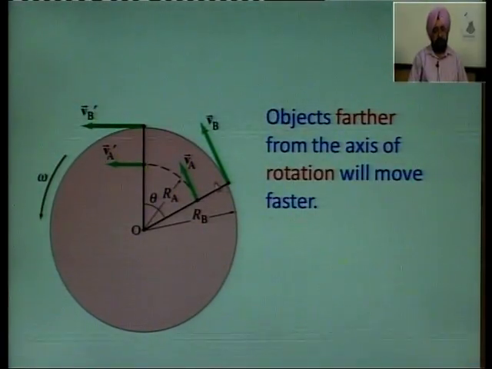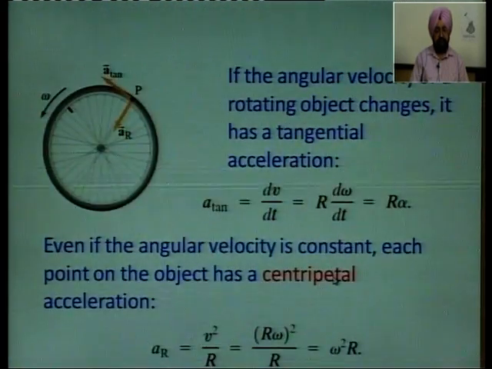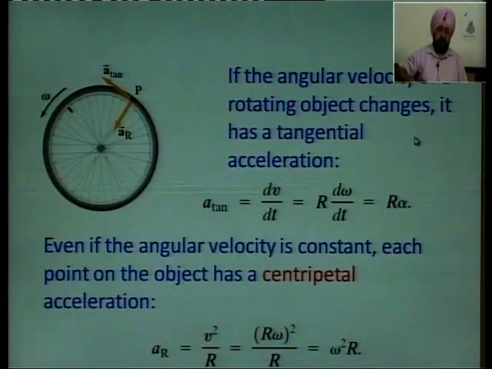The objects which are farther away from the axis of rotation, you see this is the axis of rotation at point O, they will move faster, meaning they will have larger velocity.